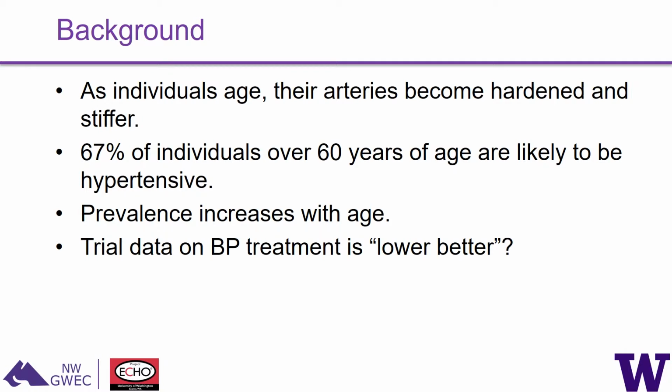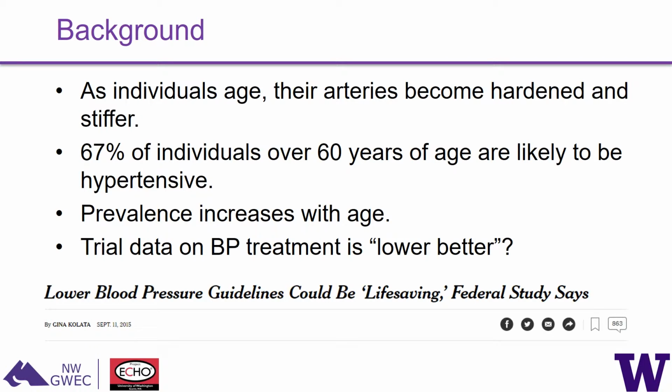So now normal is still defined as less than 120, and something considered elevated is now 120 to 129. Hypertension is now defined as a systolic blood pressure of 130 to 139, stage 1, and then stage 2 is anything above 140 at this point.